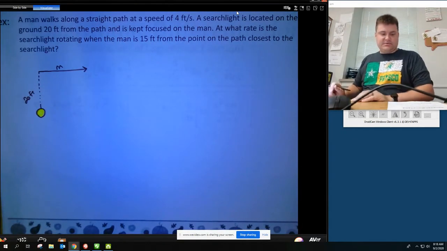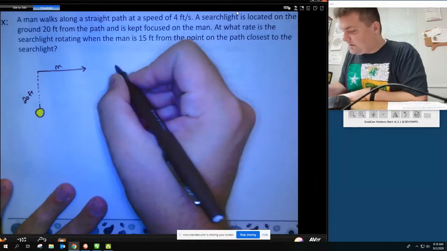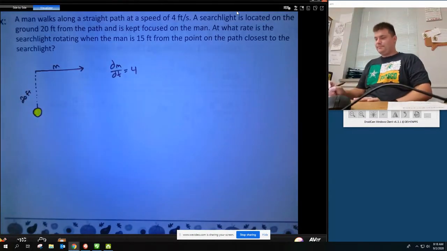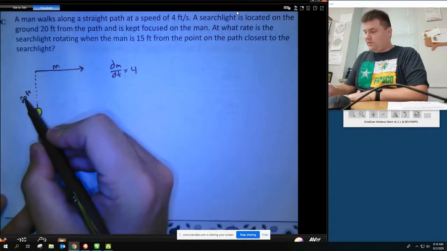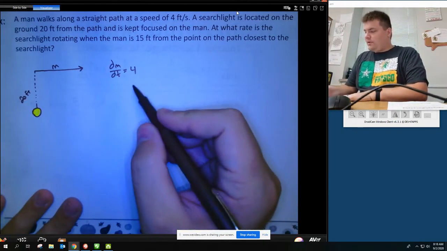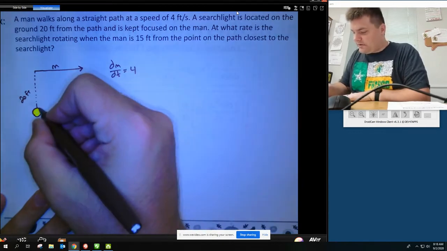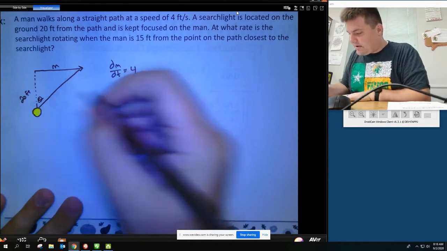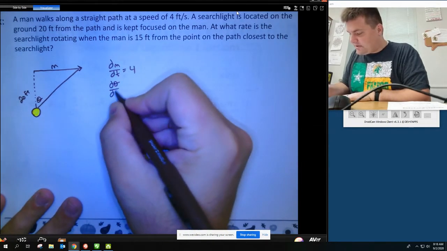Let's start doing some givens. He's walking, dm dt is 4. It's located 20 feet from the path. What am I looking for? Let's finish this triangle up real quick. This is theta. I'm looking for d theta dt.